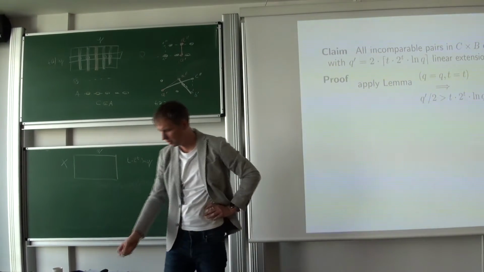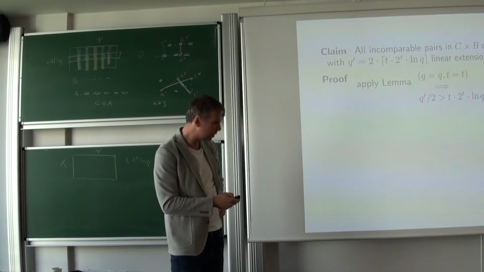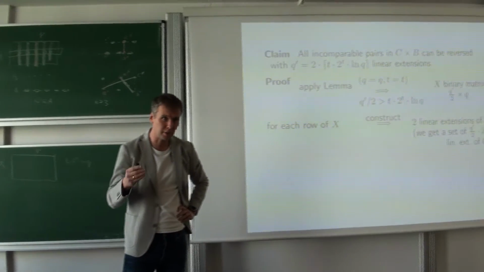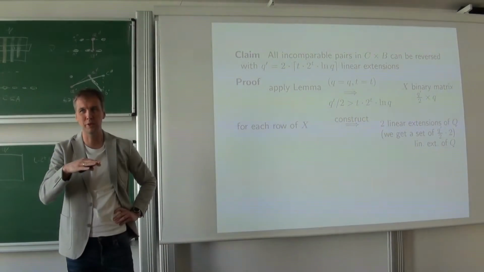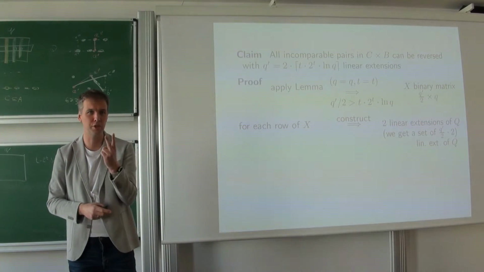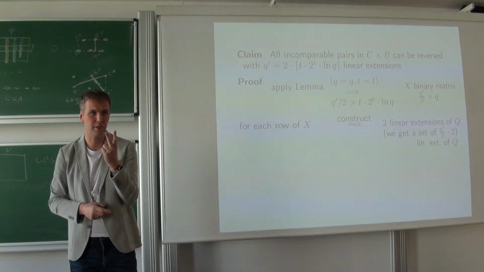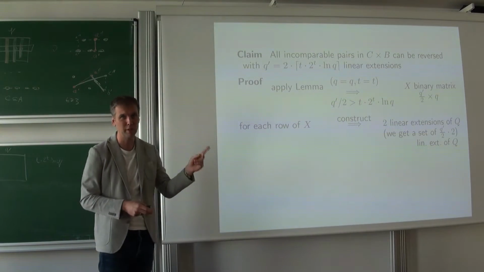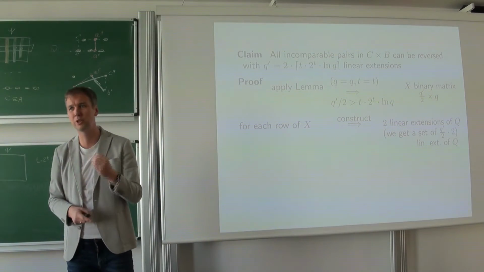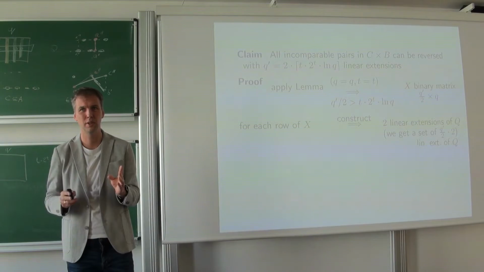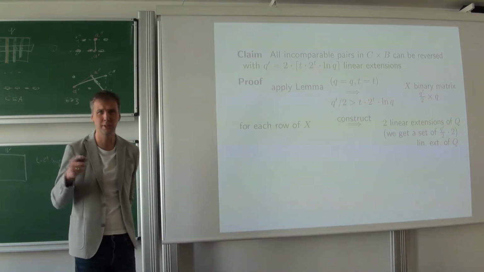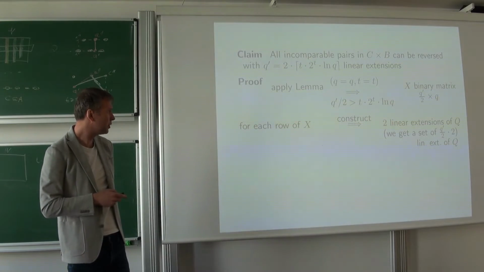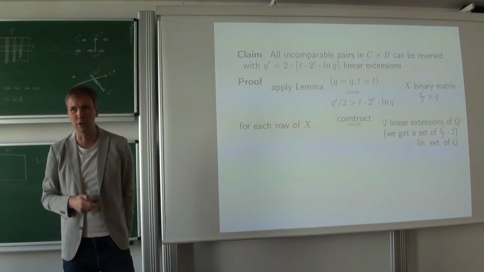Our goal here is that for each row of the matrix, we construct 2 linear extensions of the poset. Then we will have a set of linear extensions of exactly size Q prime, the target size. And then we're going to argue that this set is good, and realizes these incomparable pairs in C cross B. So, for each row of the matrix, construct 2 linear extensions of Q.